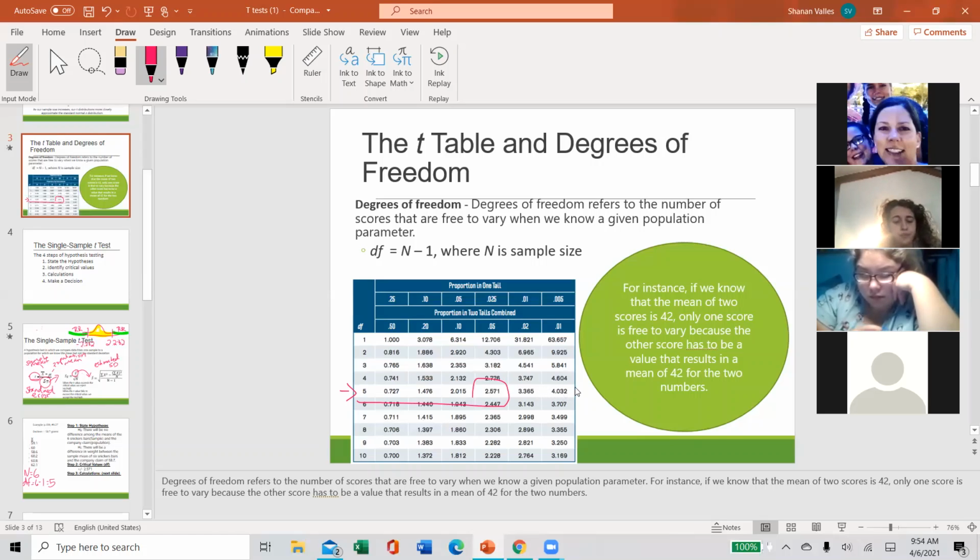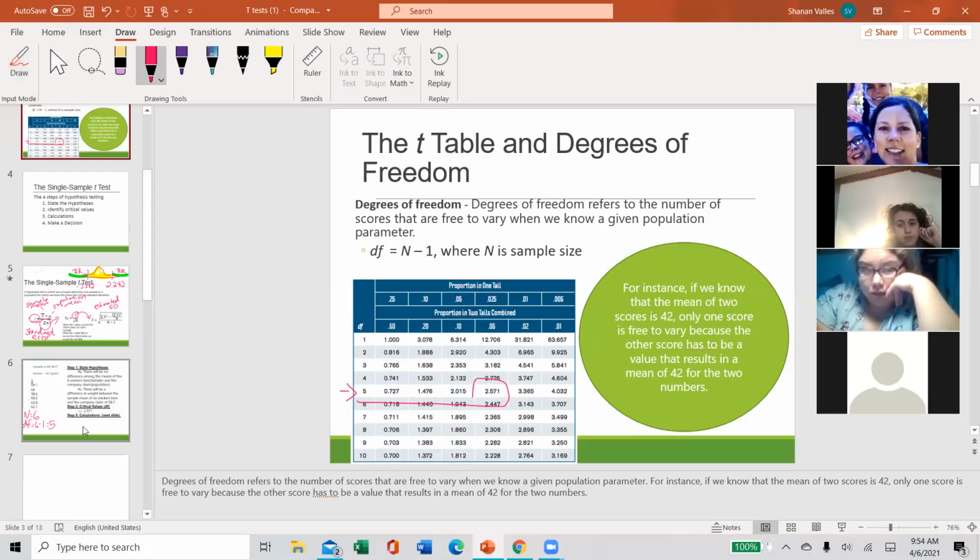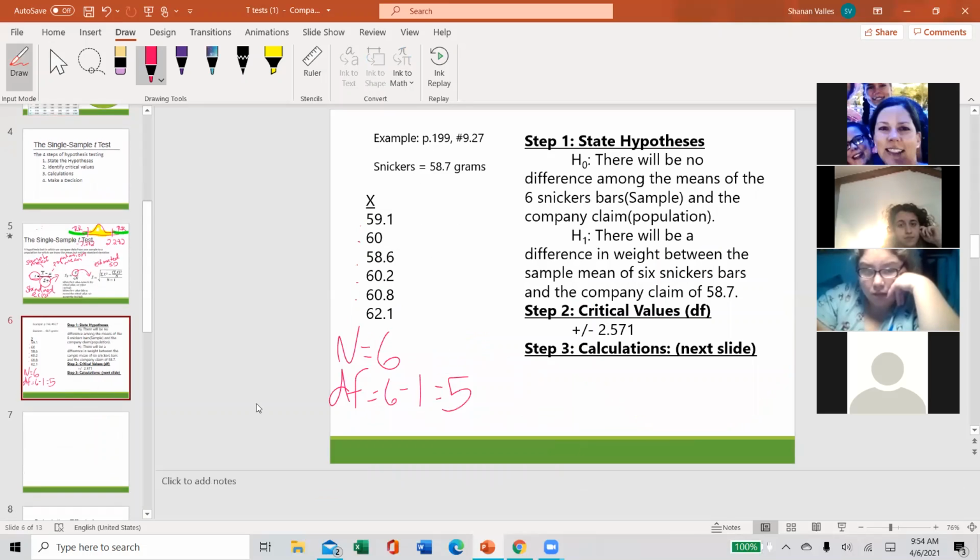But here I just go with two-tailed 0.05, because this is what is mostly used. Thanks for asking that, good question.